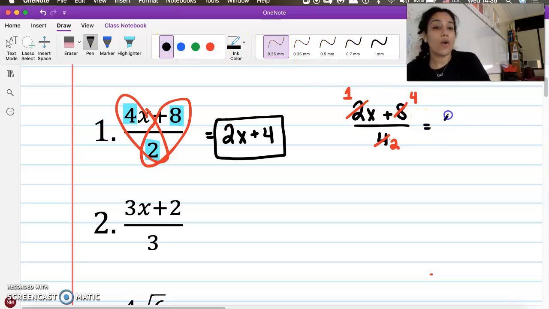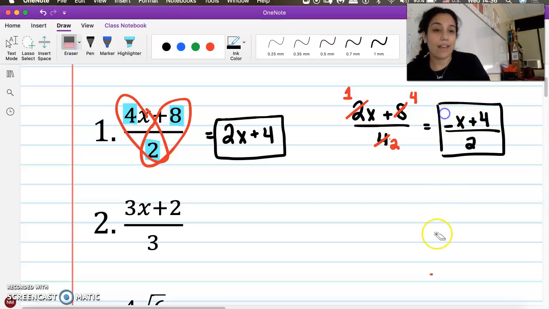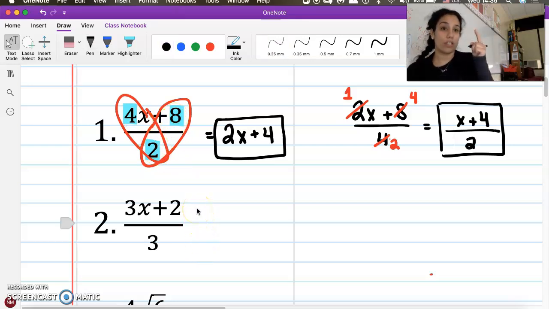And you would get 1x plus 4 over 2. And that would be simplified. Of course, you do not have to have that 1 there. So my point here is that you are going to divide by a common factor if the denominator doesn't divide evenly into both the numerator coefficients.